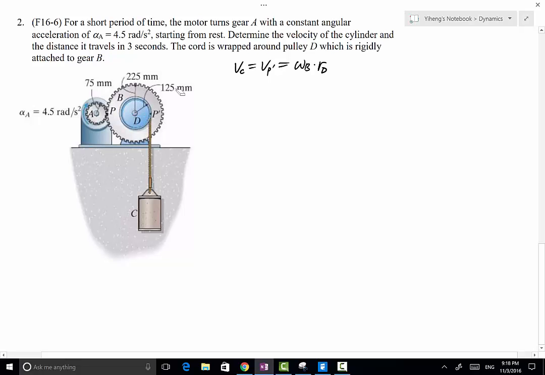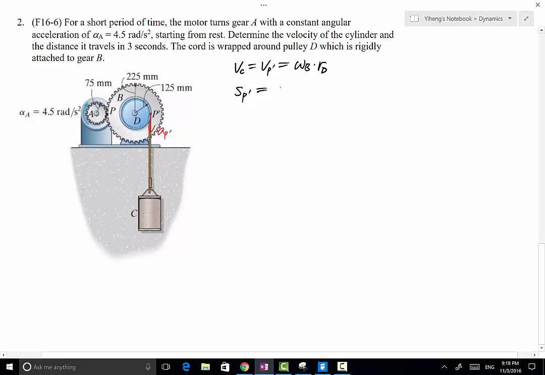And if we know the tangential acceleration AP prime here, which you can tell is going to be a constant value as well, we can show that later, then we can determine the displacement SP prime from the kinematic equations with constant acceleration.